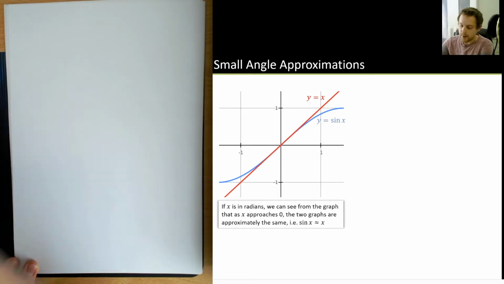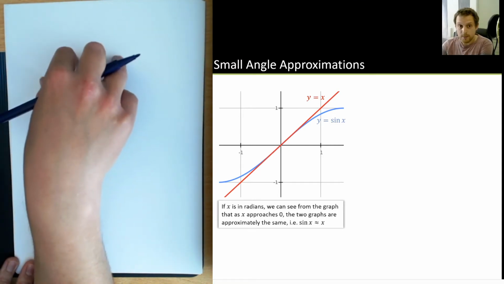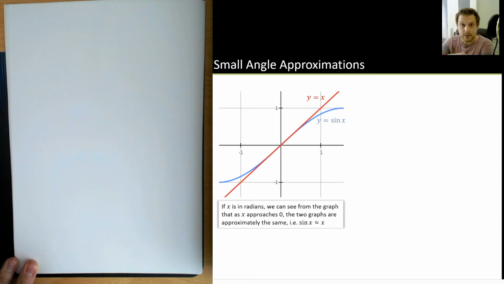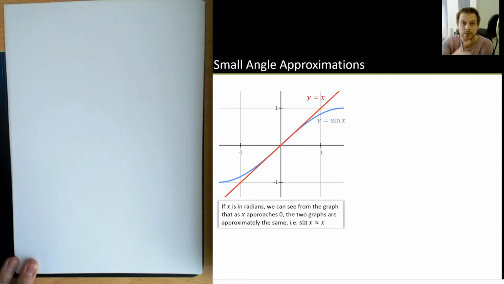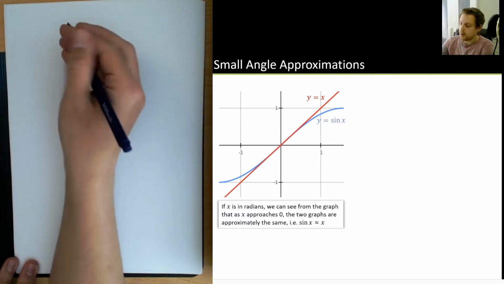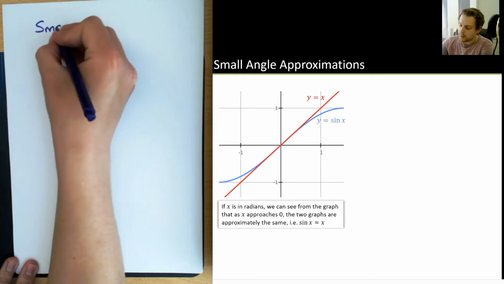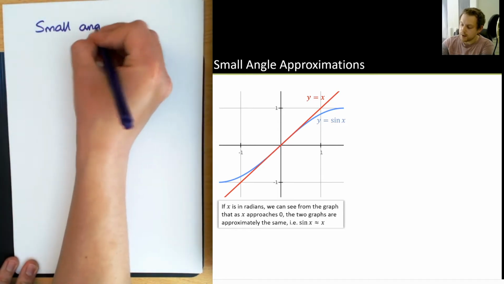So that's an advantage. Also, one of those 2 formulas, the sector area one, is used, and I'll show you at the end of the video because I'm going to leave it to the end, is used to actually derive one of these small angle approximations. So what are the small angle approximations, and what does it even mean to be a small angle?